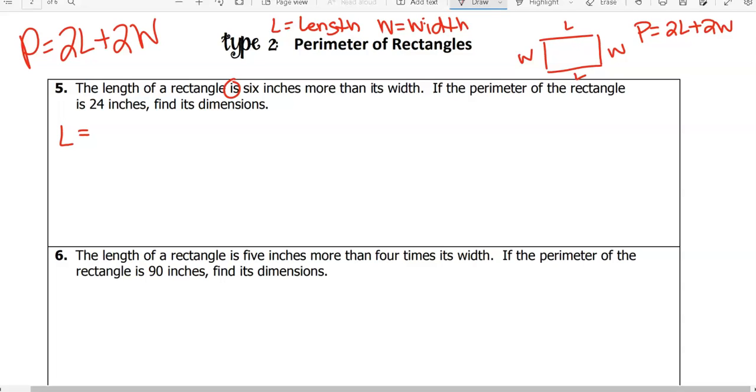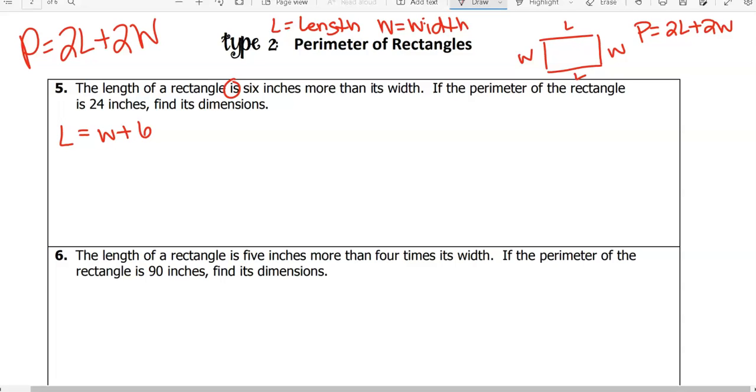Just that statement looks like what? 6 plus W. My width plus 6 inches. My length is 6 inches more than the width. So you take your width and you add 6 inches to it. That's going to give you the length.